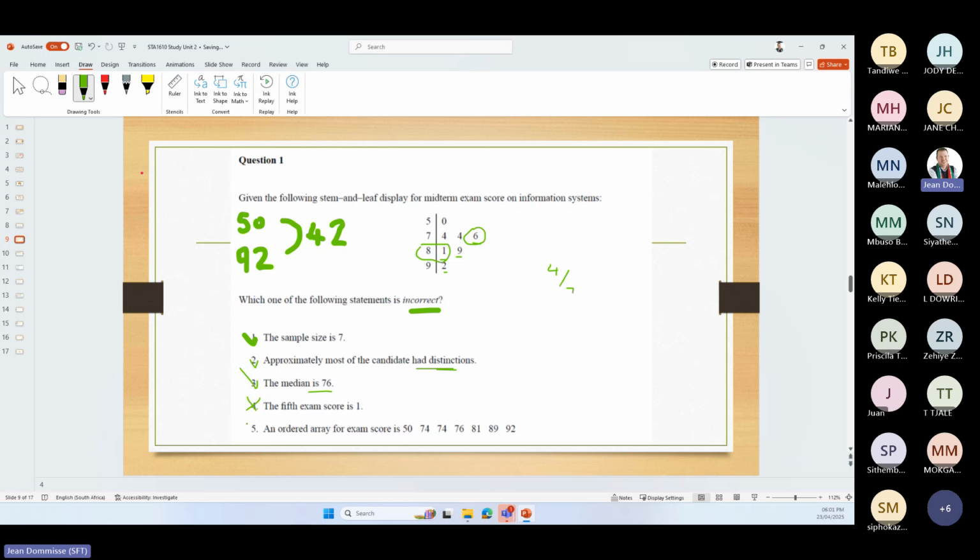And then you can see, if we look at the data, and if we audit the data, it would have been, the first one is 50, then 74, then 74, then 76, 81, 89, and 92. So that is also correct.